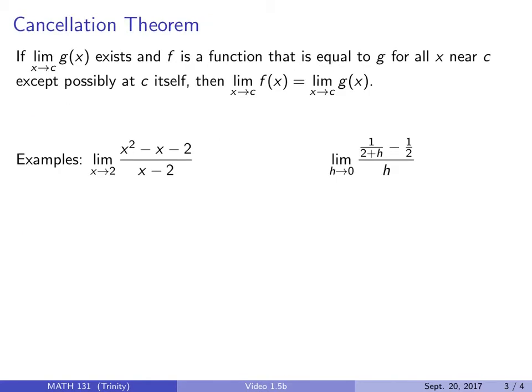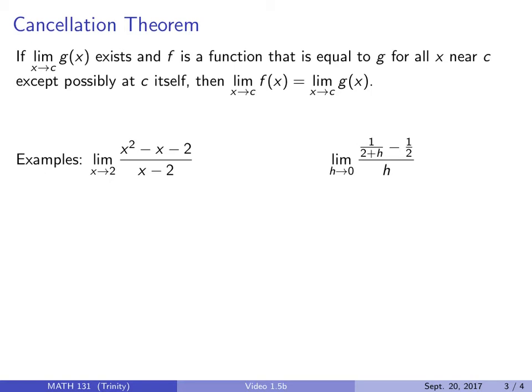The next rule that we're going to look at is the cancellation theorem, but before we get into the theorem itself, I want to show why it's needed. So if we look at the first example, the limit as x approaches 2 of x squared minus x minus 2 over x minus 2, we might see that this is a rational function and try to use the quotient rule to evaluate this limit. But if we do that, then we'll end up with 0 in the denominator.